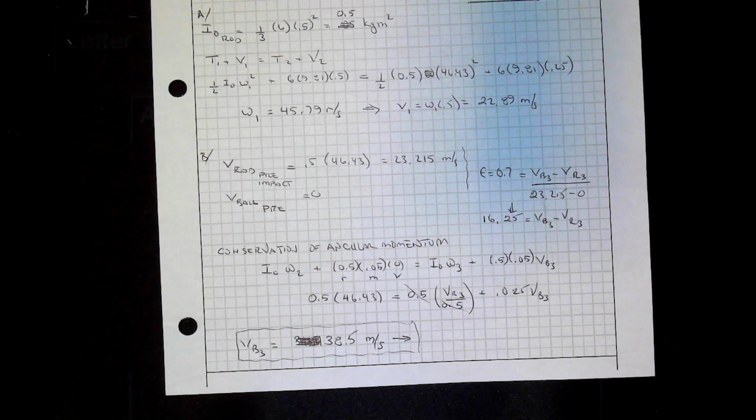All right? So what we typically do when we do these problems is we get one equation off of the coefficient of restitution. We get the second equation off of conservation of momentum. Because when these things impact, the forces and moments are such that there is no external moment. We're going to take angular momentum here at O. And there are no external forces that create a moment here.